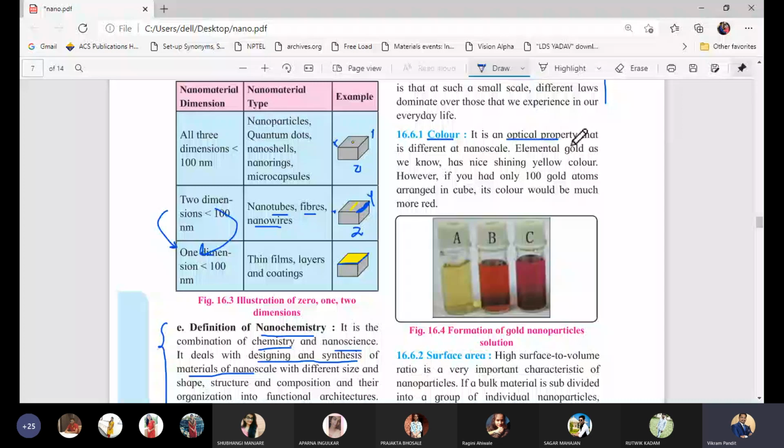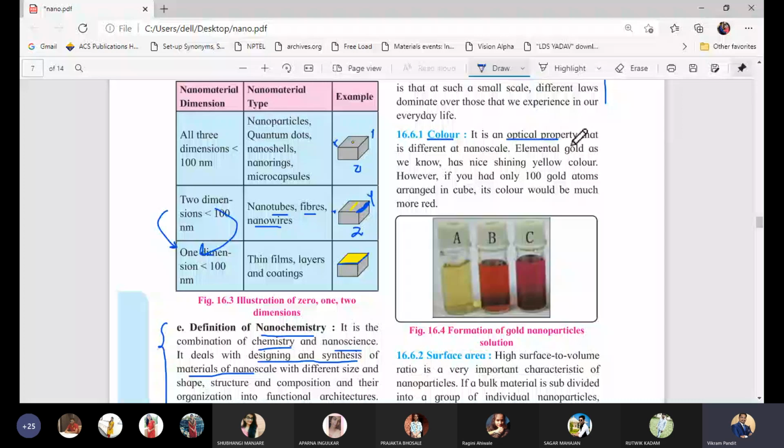Generally gold is in the dark or shining yellow color. But if you synthesize gold atoms, and if you combine 100 gold atoms together, then that will be seen as reddish in color. Okay, so this is the gold solution. So gold is in the bulk. When we have 100 particles, then its color is red. And if you have more of these particles, atoms, then its color keeps changing.